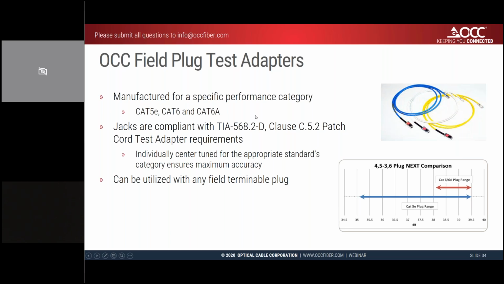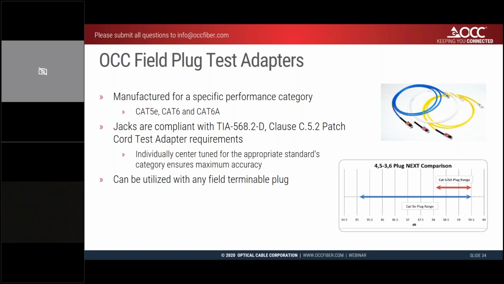These aren't backwards compatible like you're typically used to, like if you were to put a Cat 6A jack in a channel for 5e, of course it's going to pass 5e. That's not true with these test adapters, and the reason is that the jacks used are compliant to 568.2-D clause C.5.2, which talks about patch cord test adapter requirements and the centering of those things.